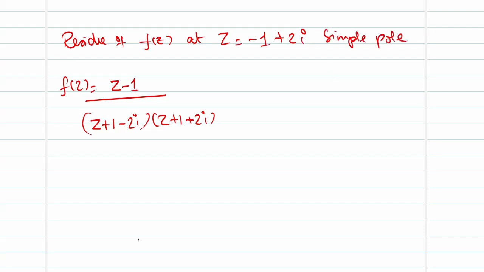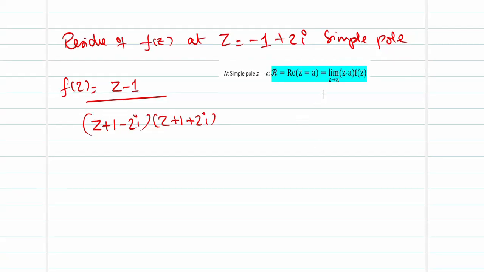Now to recollect the formula for a residue of a simple pole, we have the formula as limit z tending to a, z minus a into f of z. So we have limit z tending to the pole, which is minus 1 plus 2i. So I have the factor as z, minus of minus makes it plus, 2i, into our function f of z.